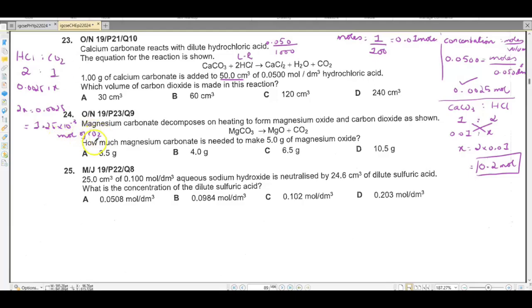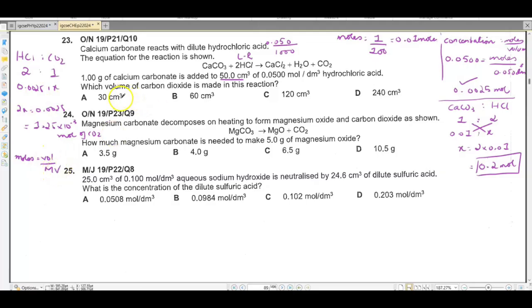Once we have the moles of CO2, there is no issue in finding its volume. We can always use our formula, moles is equal to volume over molar volume.